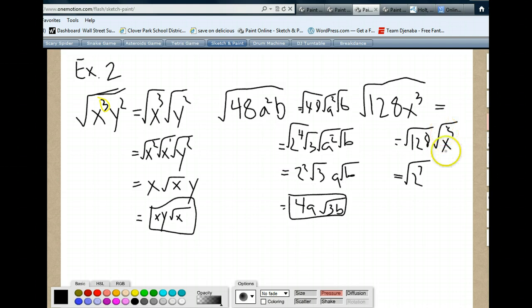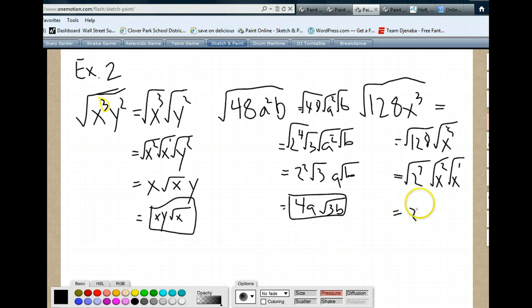And then I'm going to break down x cubed into x squared and x to the first. Now, if you are starting to get the hang of this, you can start to simplify radical symbols as you're doing the math. You don't have to do all these extra steps, but I'm going to keep everything intact just so I don't leave anybody hanging here.